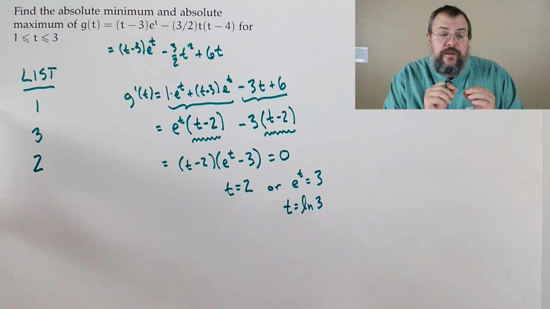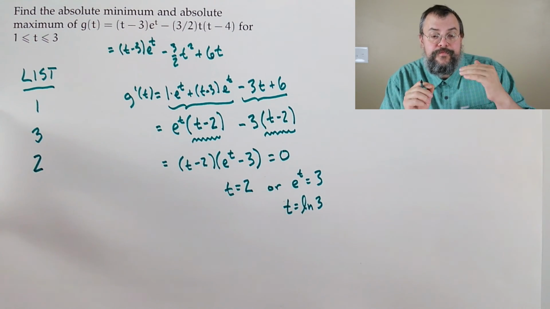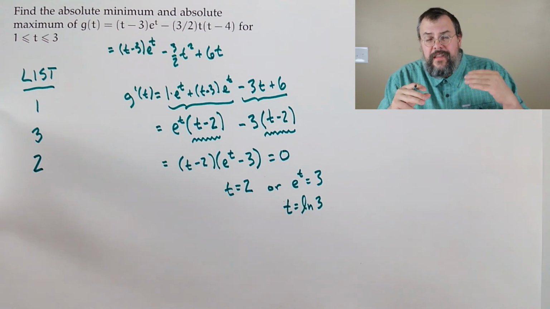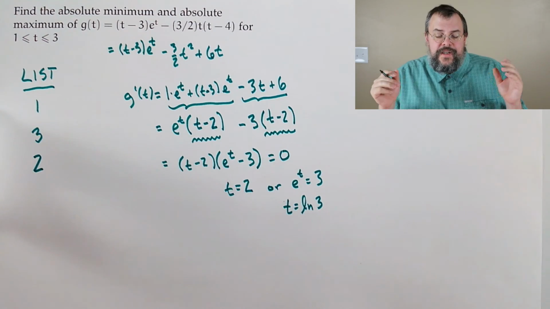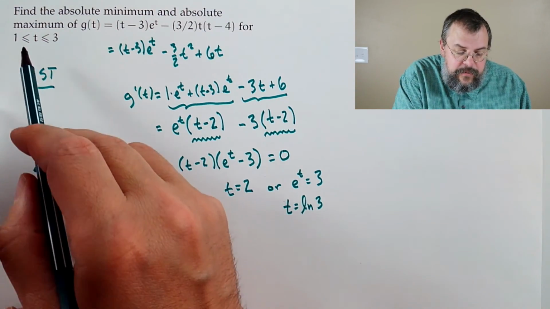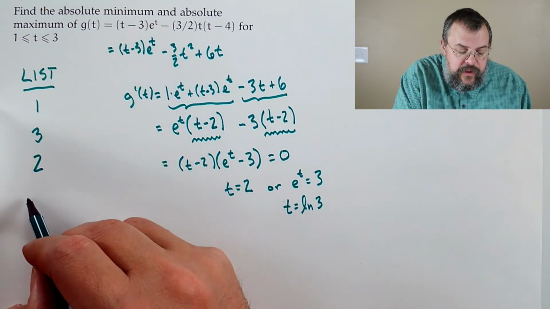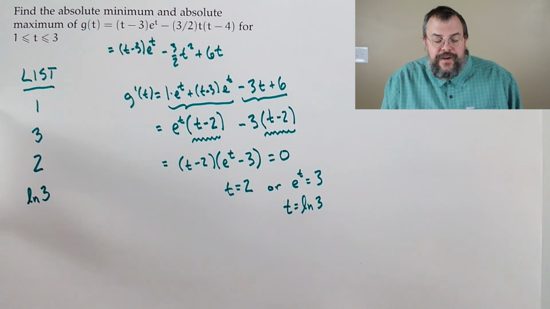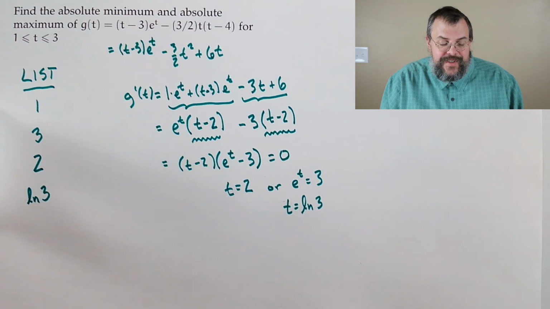So if I want to get to 3, since 2.7 is below 3, I have to go above 1, but not a lot above 1. So log 3 is a little bit above 1, but not by much. So that is certainly going to be between 1 and 3, so that makes the list. Okay, good. We're done. We've made our list.